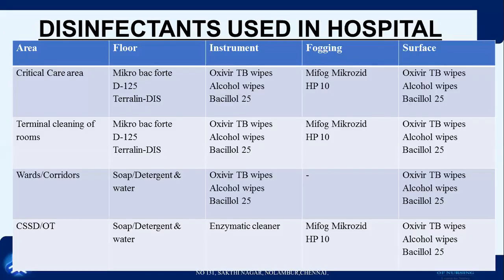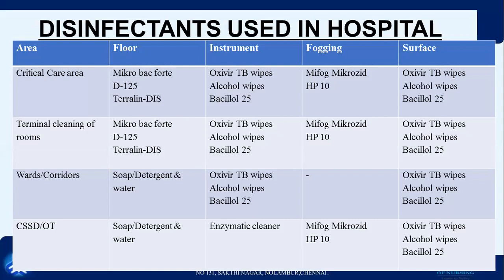Next comes the types of disinfectants regularly used in the hospital. This again will vary depending on the hospital policy and also on the type of area. It may be different for the critical care area, and the disinfectant for CSSD and OT will be different.